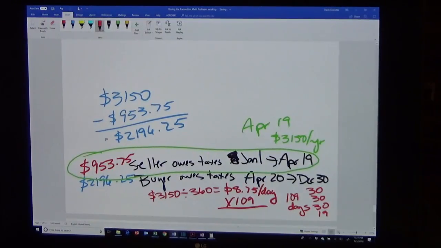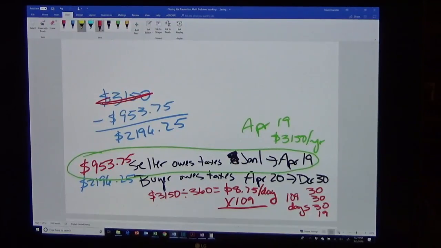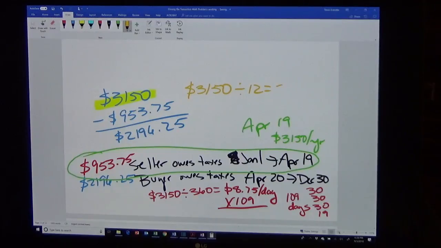Here's what we know about the property taxes. They're $31.50 a year. So, if we take that $31.50 a year and divide it by 12, we end up with $262.50.